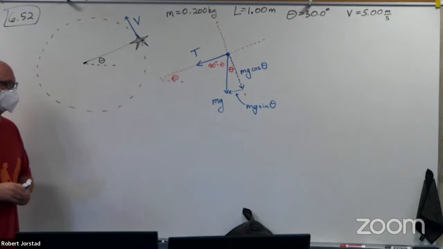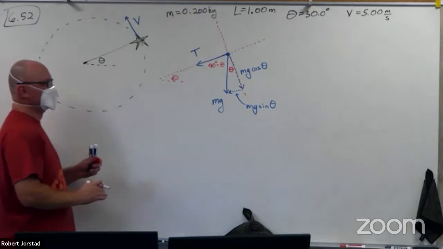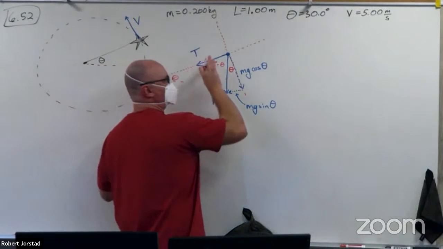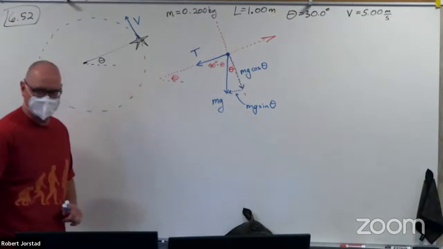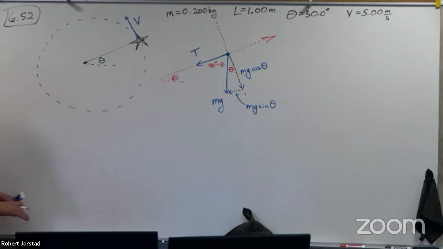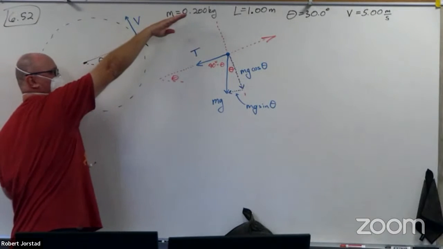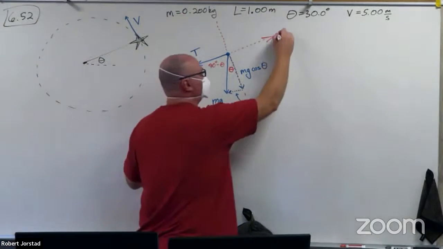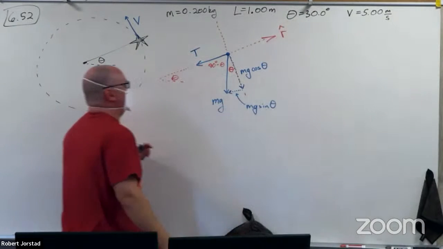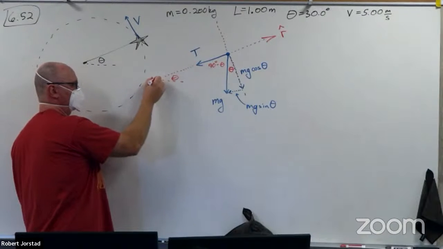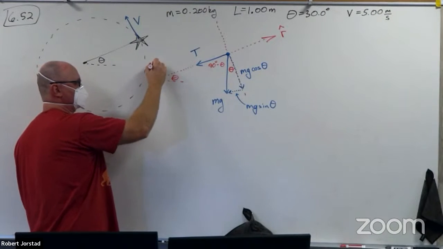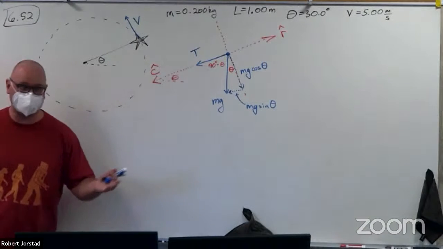And now I want to talk about these coordinate systems. What's a good name for that way? What was the unit vector we used to describe that way? R hat. Now, I am going to use this notation. I'm going to call this C hat for towards the center.